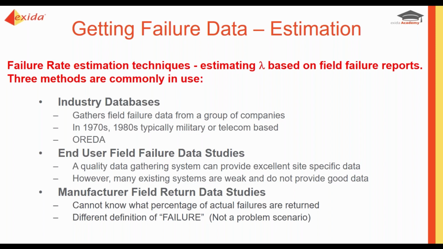Just like everything in life, there are pros and cons to each of these 3 estimation techniques. First of all, you have industry databases. This is where one group, one company will gather information from multiple other groups or companies, put that information together and analyze it.